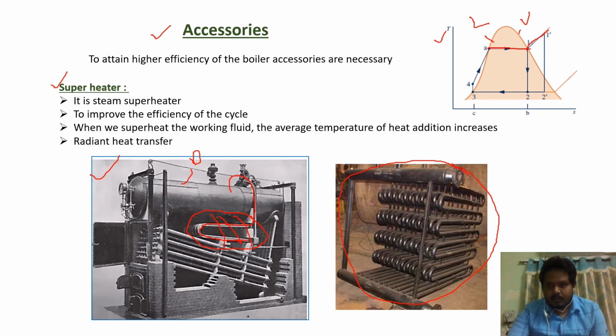Okay. Now you can see here, 1 dash to 2 dash is an isentropic expansion in the turbine. So this 2 dash will have a higher dryness fraction, so that the efficiency will be increased, and also the average temperature inside the boiler increases, so that the efficiency of the cycle will be increased. This is the advantage of the superheater.